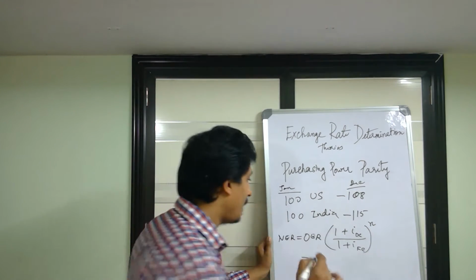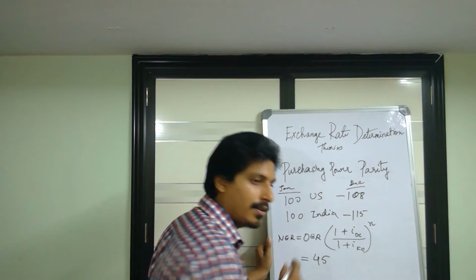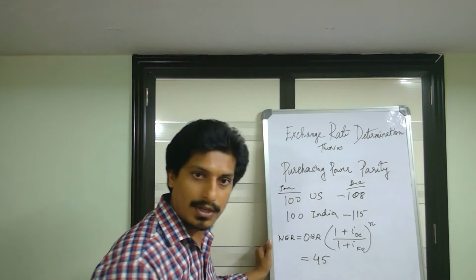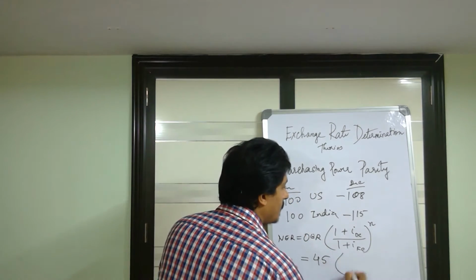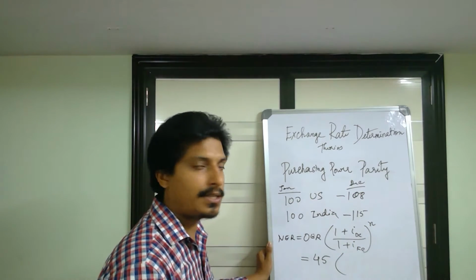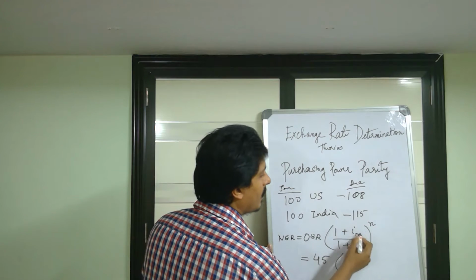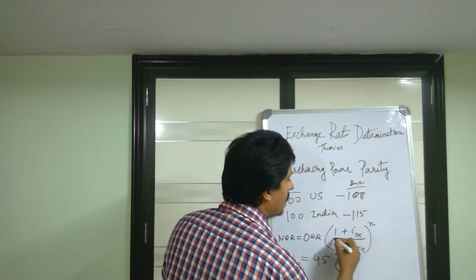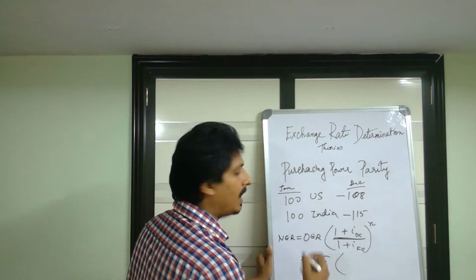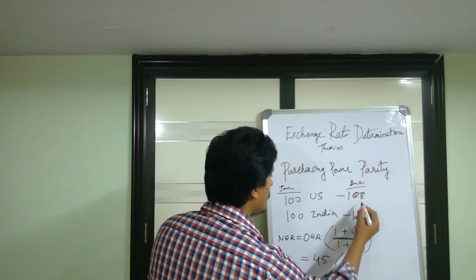Old rate will remain the same, our 45, what was there in January, it will be 45. And for this, we don't have the inflation rate. We can calculate the inflation rate, or directly we can calculate this full thing. 1 plus I we can calculate by dividing.